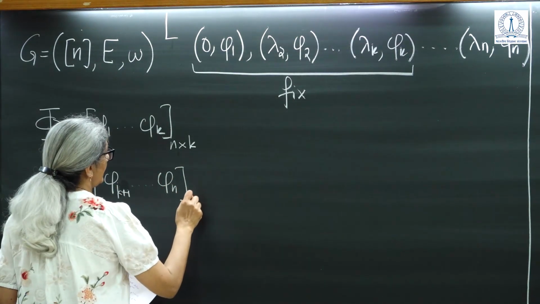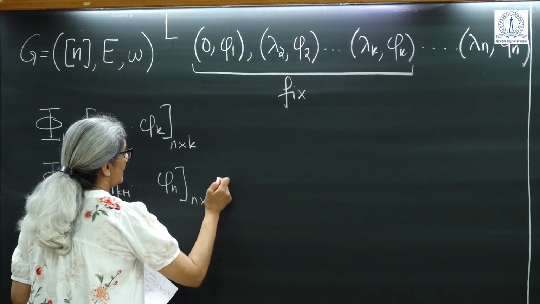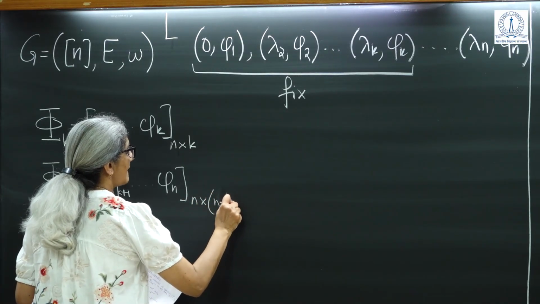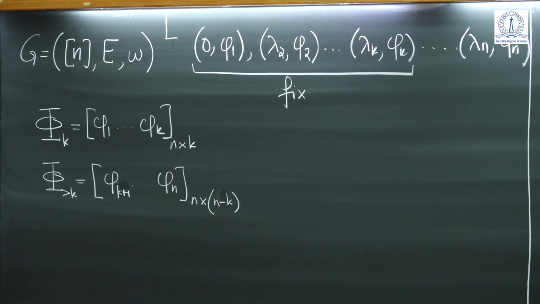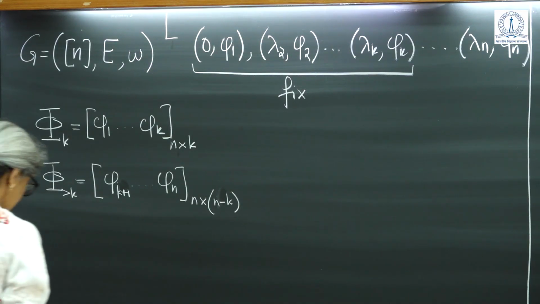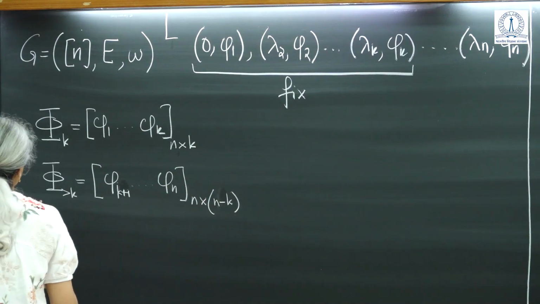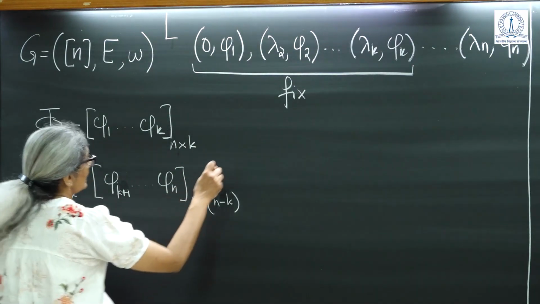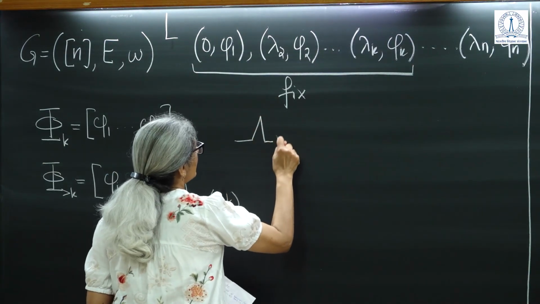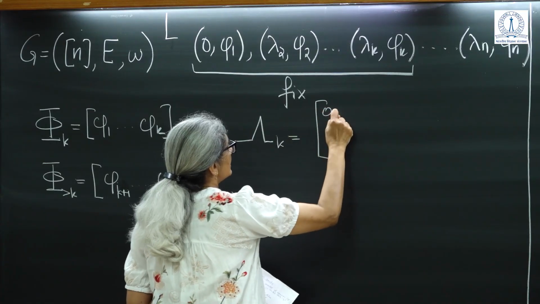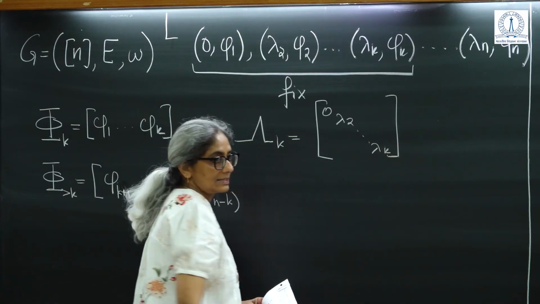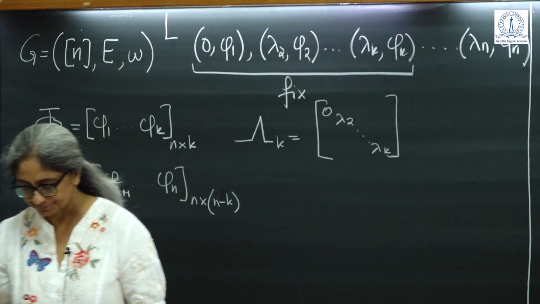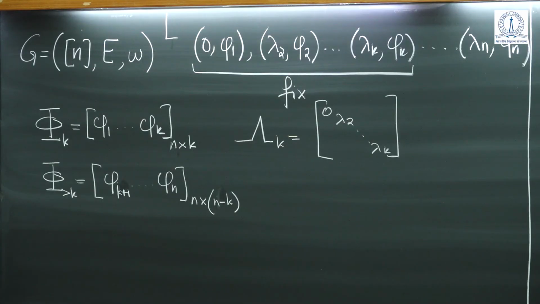This is an n by n minus k matrix. These are both matrices, so we've just split the eigenbasis into two parts. That's what we're doing here. All right, and then I'm also going to let lambda k be the diagonal matrix that contains 0, lambda 2, all the way up to lambda k. This is the part that we want to freeze. So that's a k by k thing.